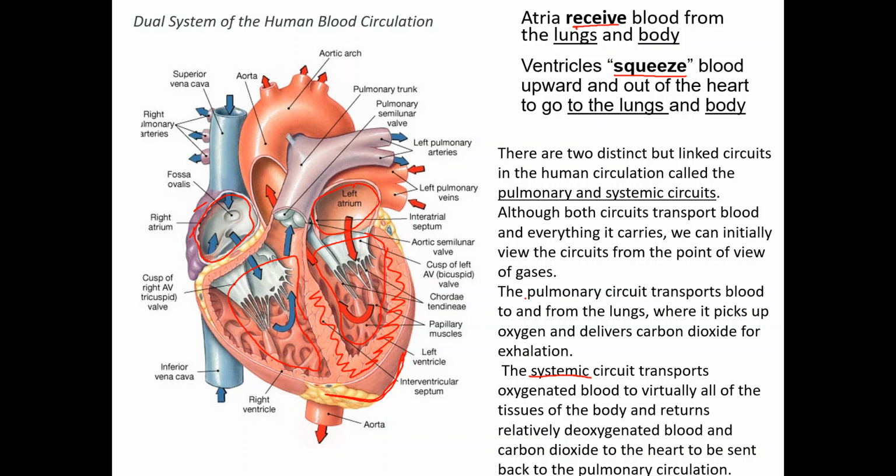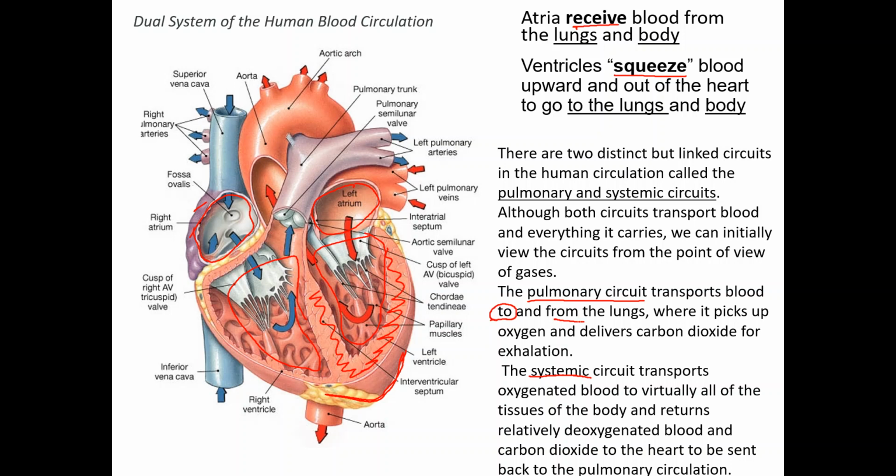And we can talk about the pulmonary circuit. Here we're talking about circuits relative to the body, not necessarily relative to the gases that are transported. The pulmonary circuit transports blood to and from the lungs. Of course, when it transports blood to the lungs, we're talking about unoxygenated blood.